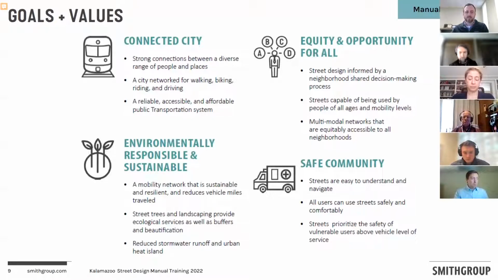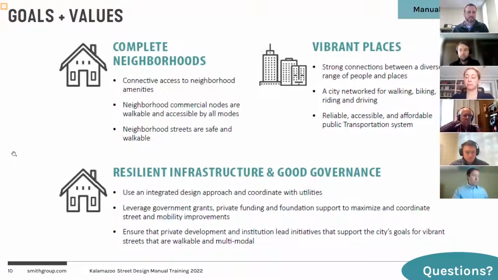Safe community also. Obviously, by building these streets in a way that's more equitable for all users, at the same time, it creates a safer, more inviting street for everyone to use. Complete neighborhoods. I think that does tie back to the connectivity and safety element.